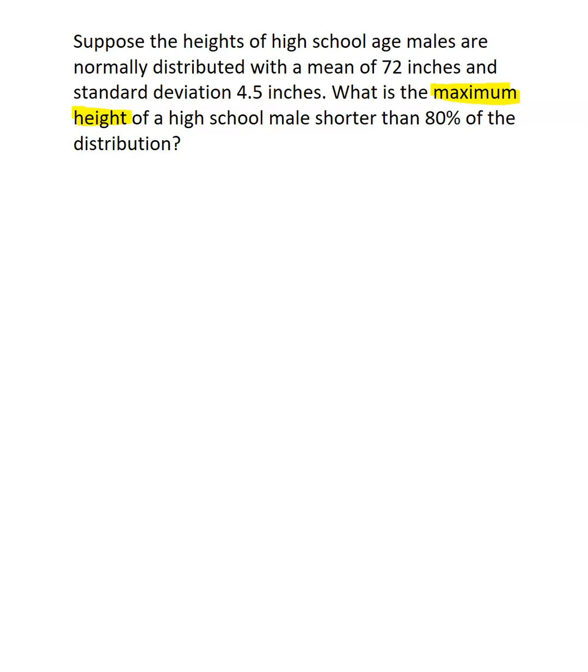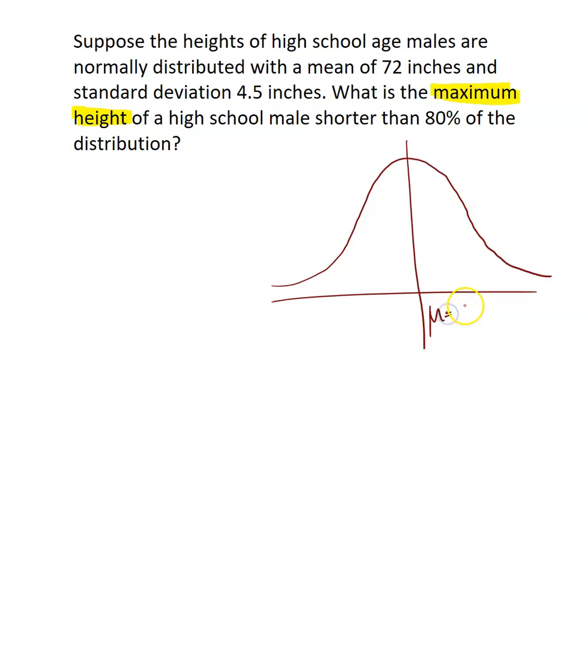So they're asking us what is the maximum height. Okay. So to illustrate this, let's draw the graph. And this is your mean is 72 and sigma is 4.5. The mean is right in the middle, right? Your distribution is symmetric. We've established that if it's a normal distribution, symmetric properties hold true. So the left half of the distribution is 50%, right half is 50%, right?